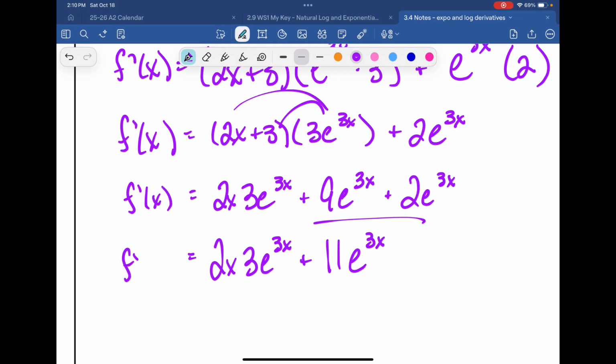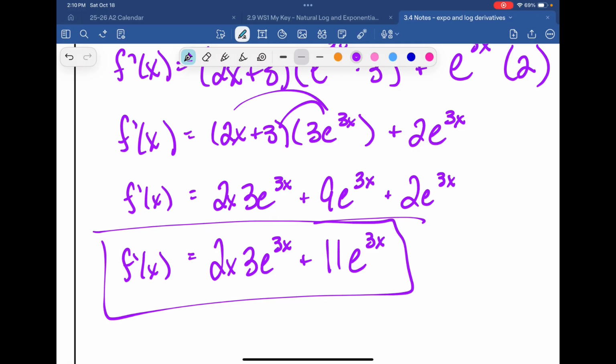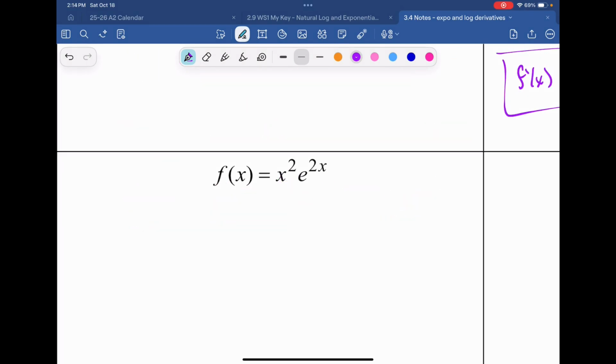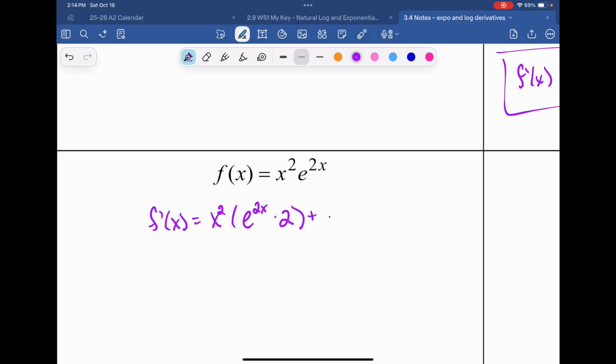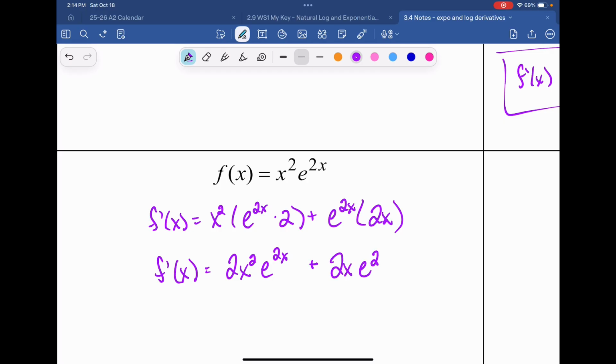So multiple choice. That's what it would look like. Moving on, another one with the product rule. Times the derivative of the second plus keep the second times the derivative of the first. That's about as far as you can go on that one.